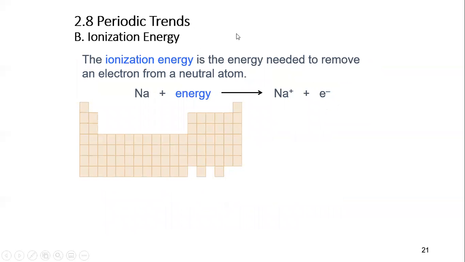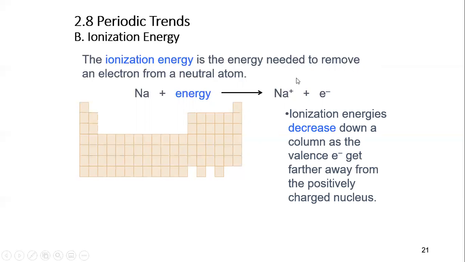The last periodic trend is ionization energy. Ionization energy is the energy needed to remove an electron from an element in the gaseous state. So you have this element, you apply enough heat or energy to remove the electron. That's referred to as ionization energy. What you can imagine is that metals have low ionization energies, non-metals have high ionization energies, at least for first ionization energies.